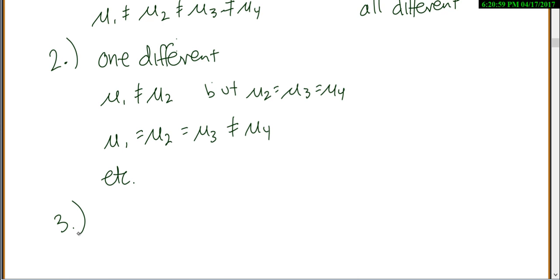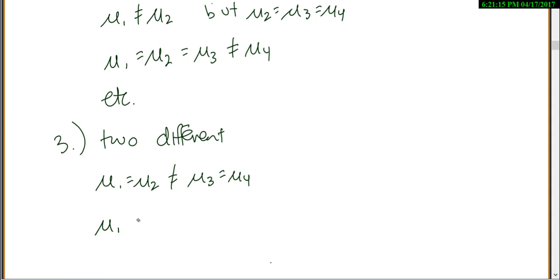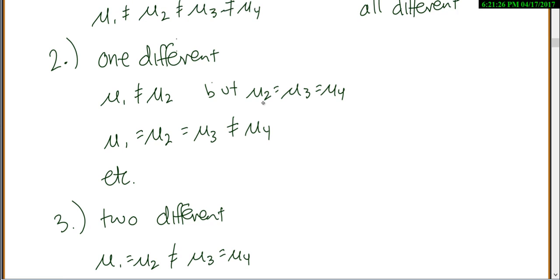Or maybe you could have 2 that are different. And that might look like the first 2 are equal, and the third and fourth one are equal, but those 2 groups are not equal to each other. Or maybe it's like the first and fourth are equal, but that's not the same as the second and third, etc. So there's lots of different situations that could actually happen here.